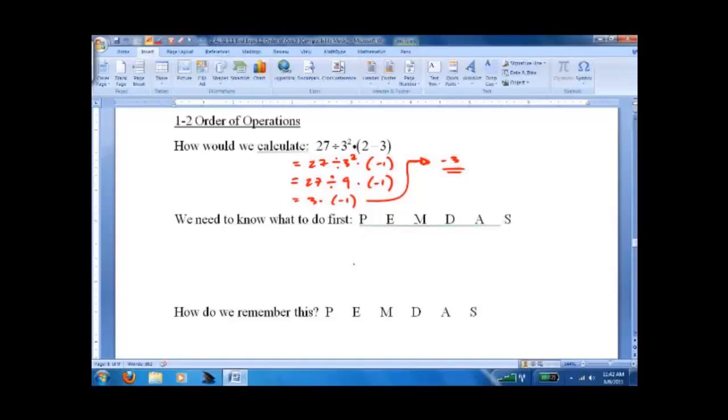So that's called PEMDAS. And it stands for parentheses. And I'm out of room, so I'll cut it across. Exponents, multiply, which I'm going to abbreviate, divide, which I'm not going to abbreviate, add, and subtract.